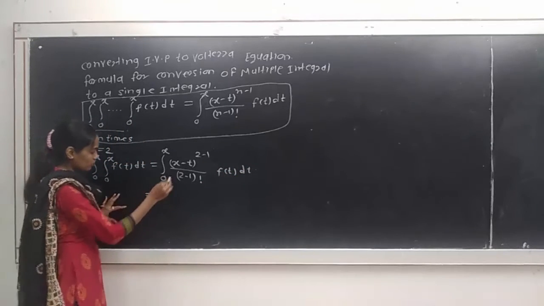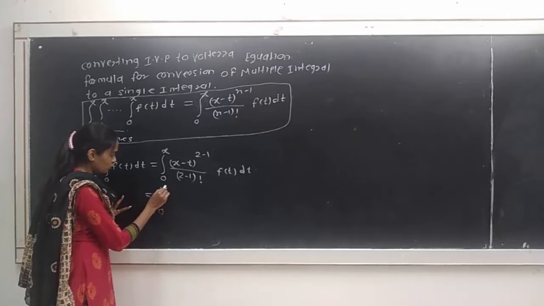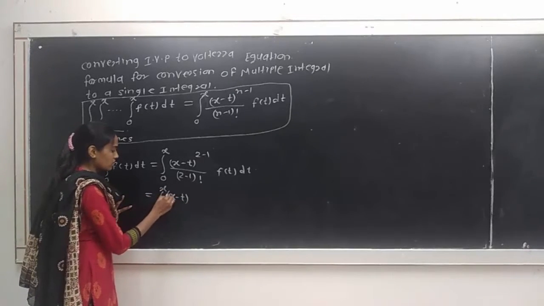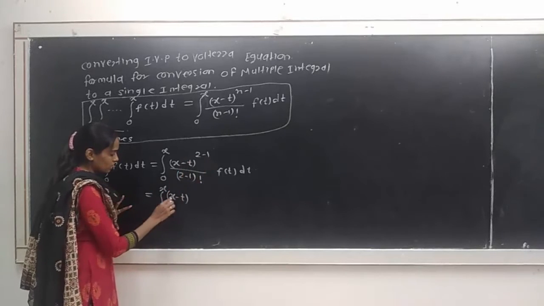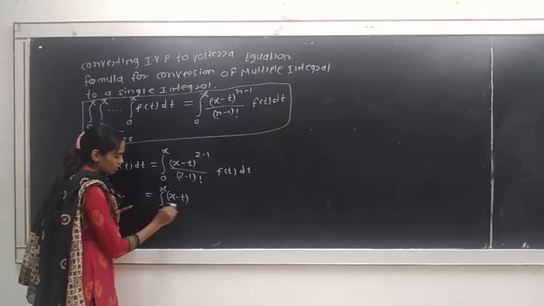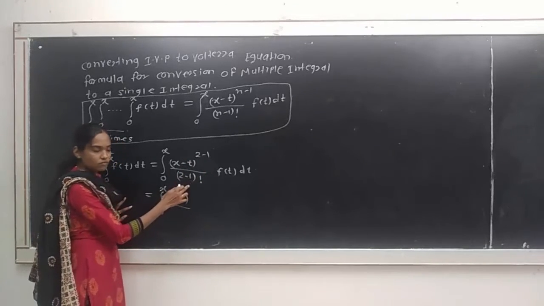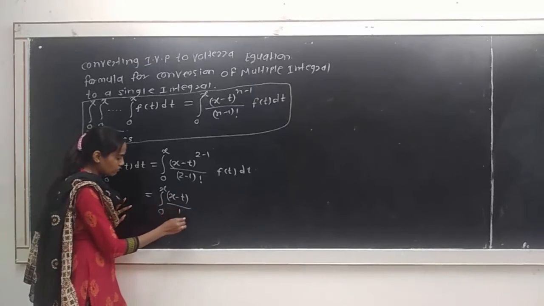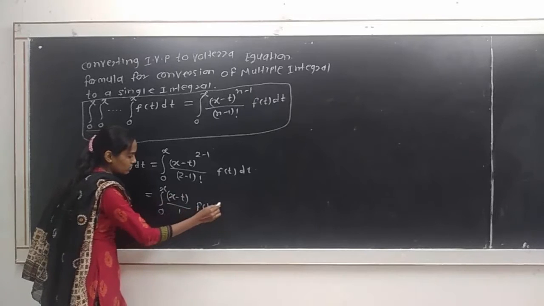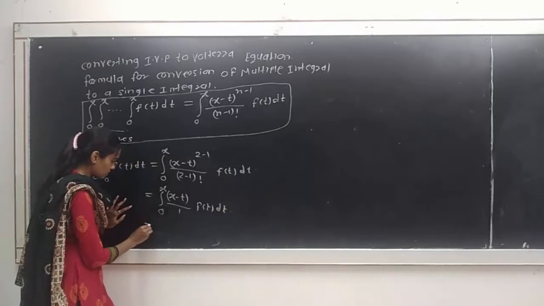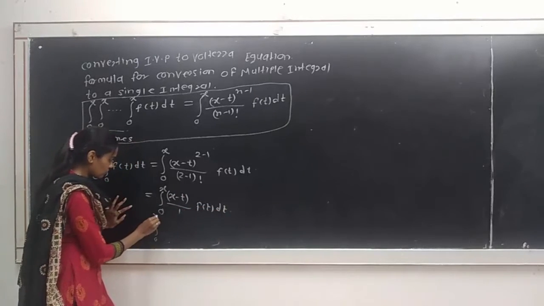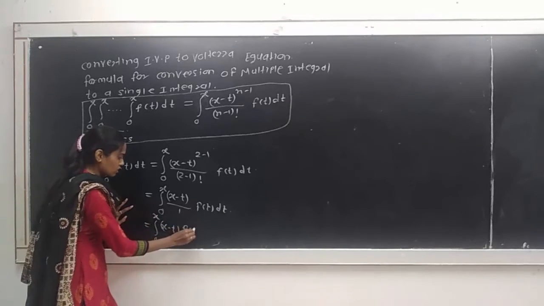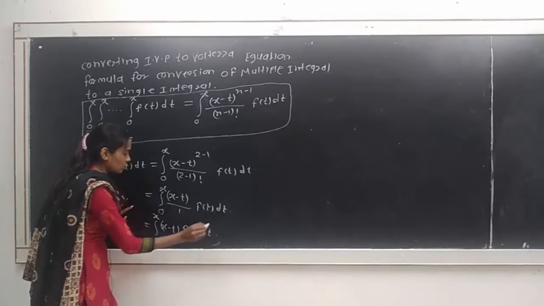Solving this, (x minus t) raised to 1 divided by 1 factorial is just x minus t, so we can write it as integration from 0 to x of (x minus t) into f of t dt.